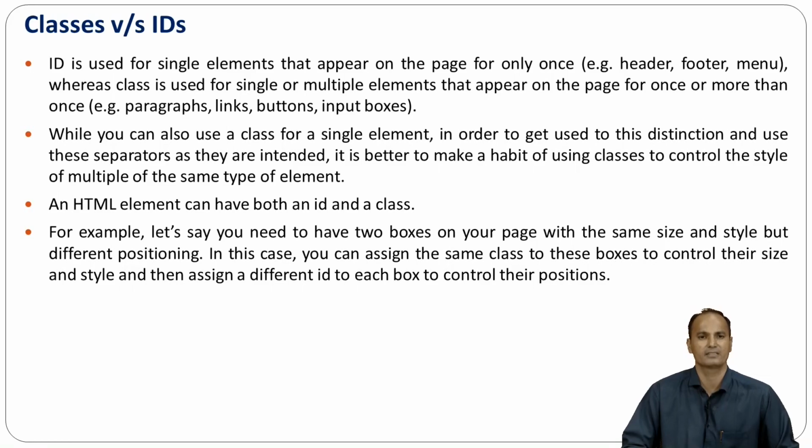Whereas class is used for single or multiple elements that appear on the page once or more than once, like paragraphs, links, buttons, input boxes, etc. While you can also use a class for a single element, in order to get used to this distinction and use these selectors as they are intended, it is better to make a habit of using classes to control the style of multiple elements of the same type. An HTML element can have both an ID and a class.